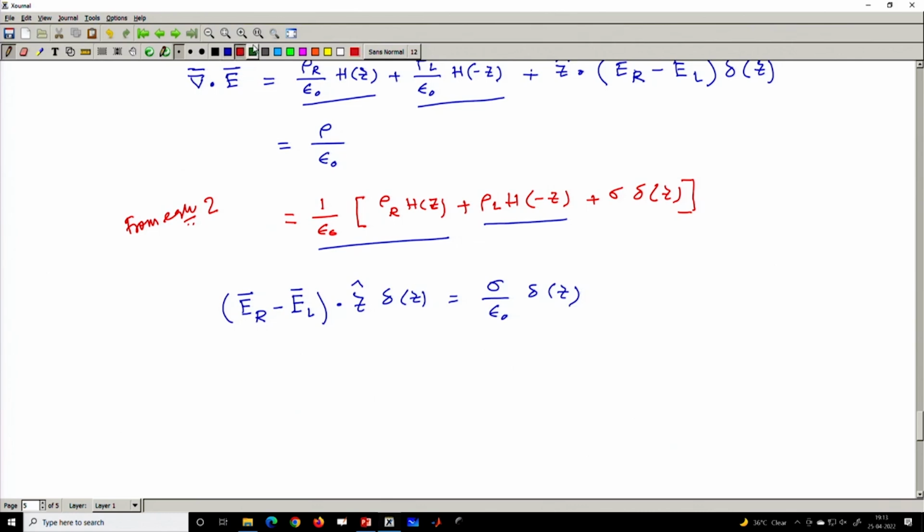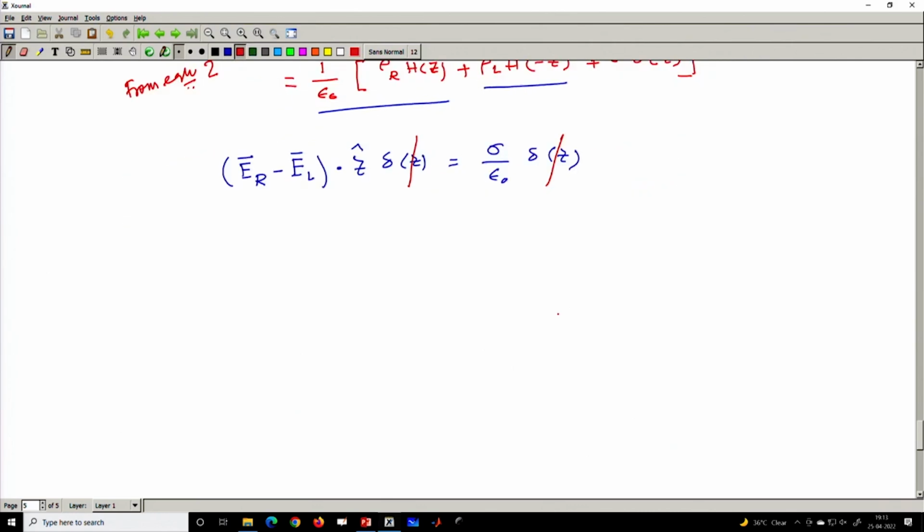Delta z again is going to cancel out on both sides, and I have my first matching condition, and that is (E_R minus E_L) dot z is equal to sigma divided by epsilon 0. So these components are the perpendicular components.